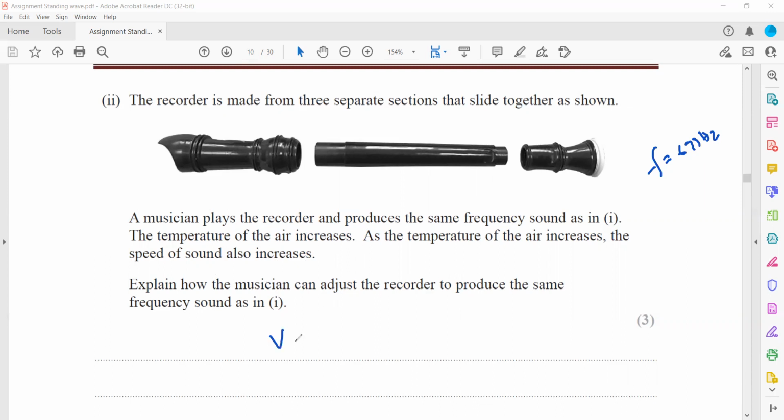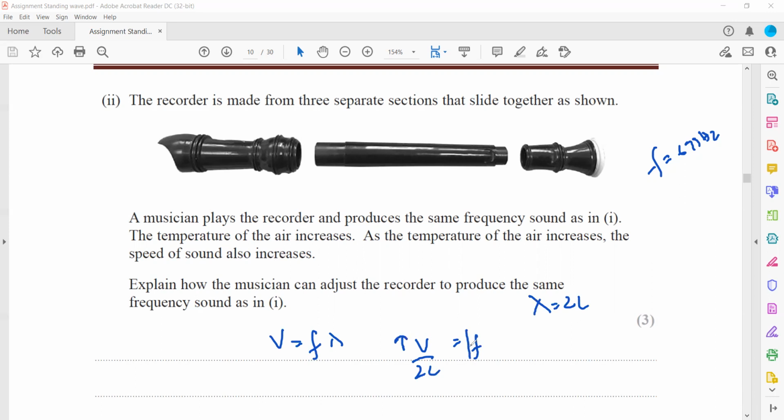Look, we have the formula v equals f lambda, and we worked out that the wavelength lambda equals 2L when it is vibrating in one loop. So v divided by 2L equals f. As the temperature increases, speed is increased.